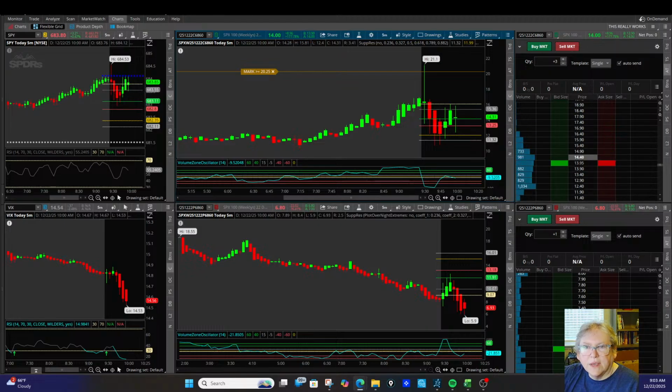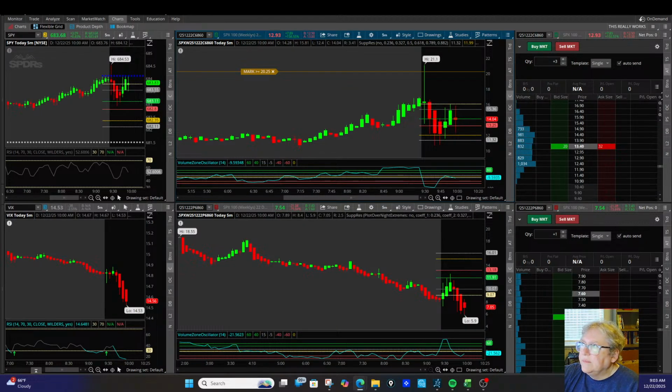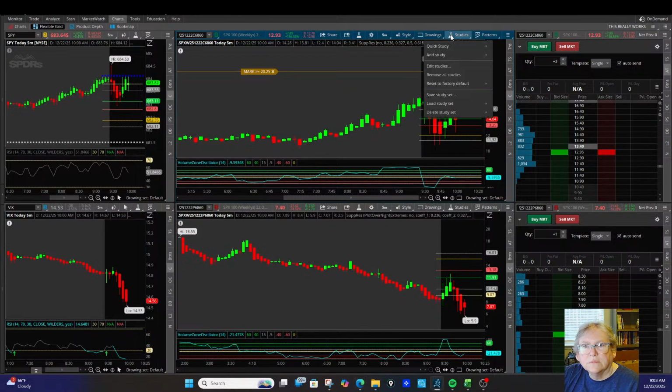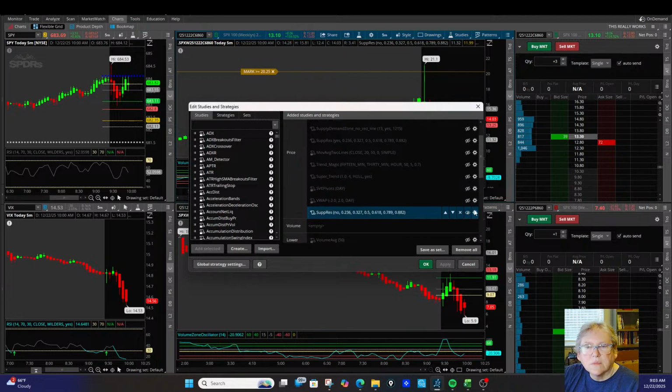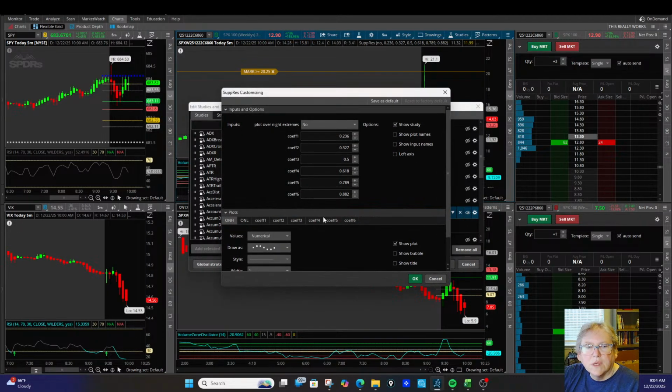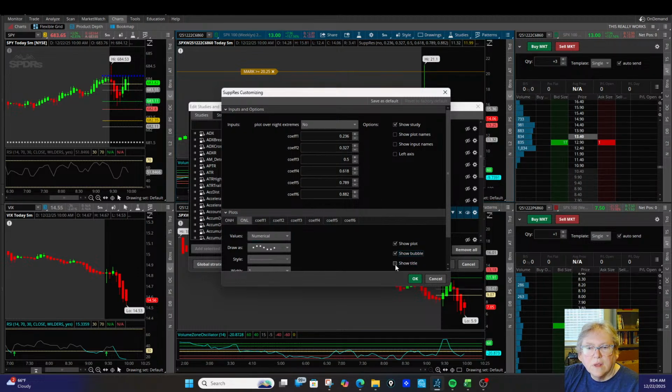What I did was I added the overnight low and the overnight high to the support resistance trend line. So I put overnight high, do these two, overnight low. Everything else is good.